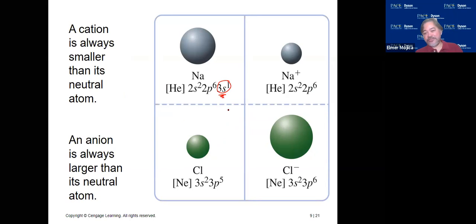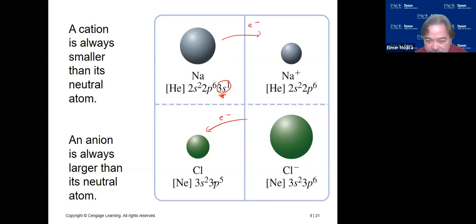You lose the s orbital there because there's no more electron that occupies the s orbital. On the other hand, an anion is always larger than its neutral atom. Does it make sense? Here you're losing an electron. Here, an electron is added. So when an electron is added, the charged particle is much larger or bigger than the neutral particle.